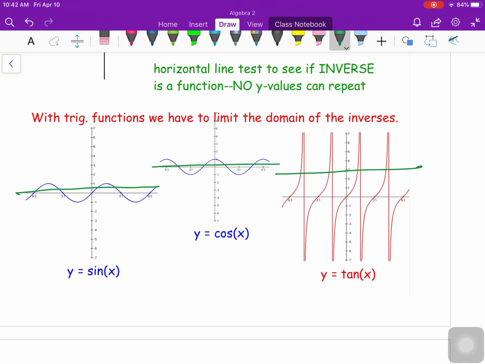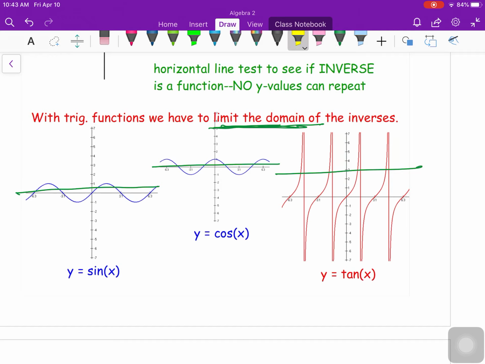So that is why, in order to use the inverse, we need to limit the domain, which means from what x values to what x values will it remain a function.